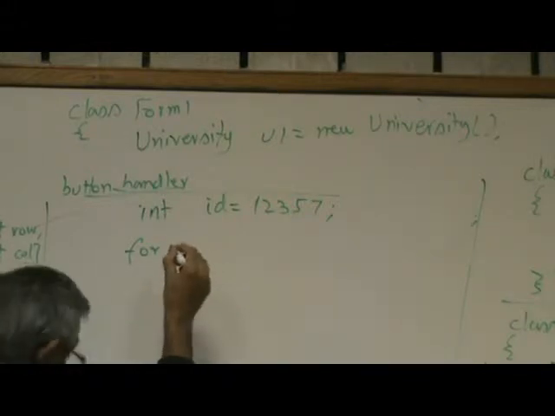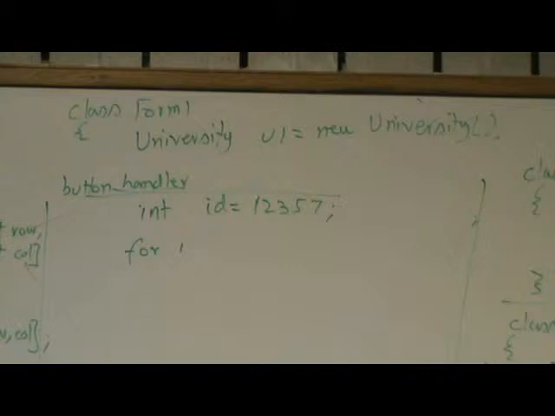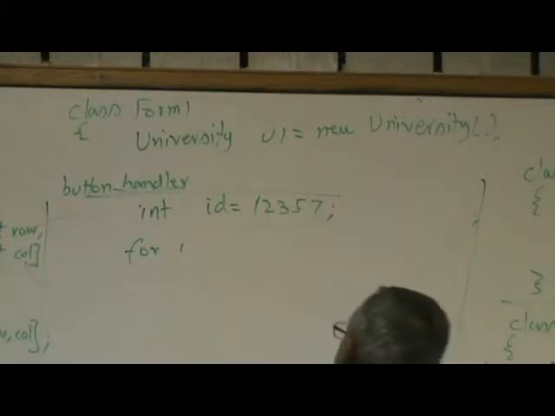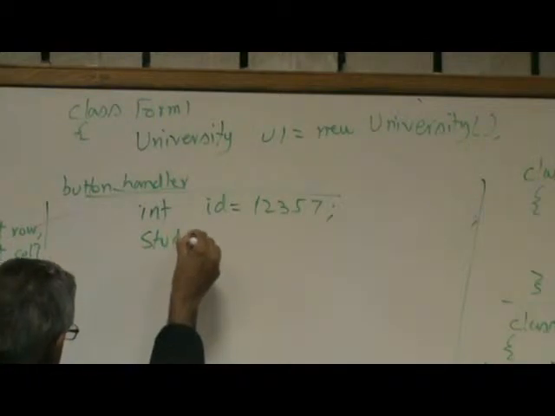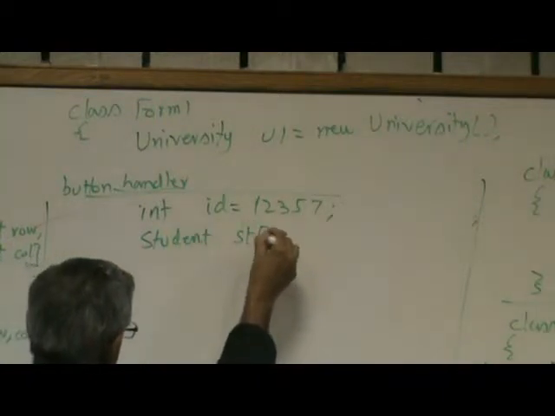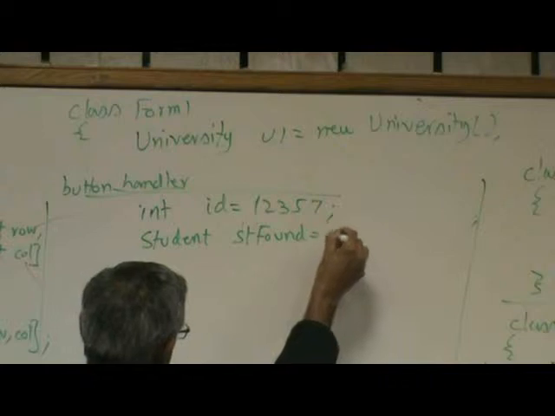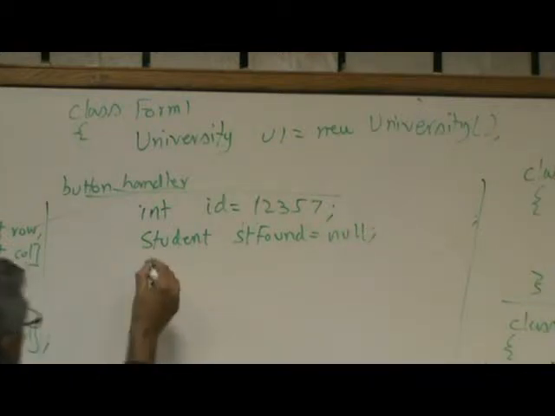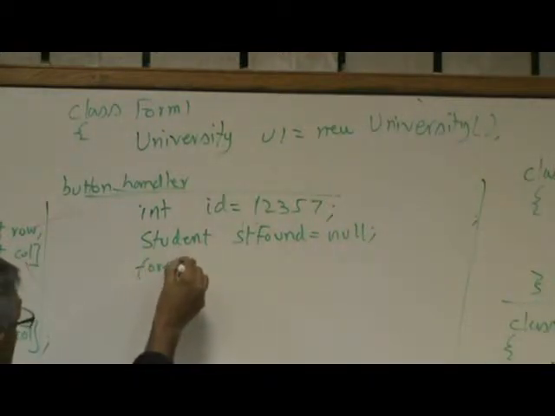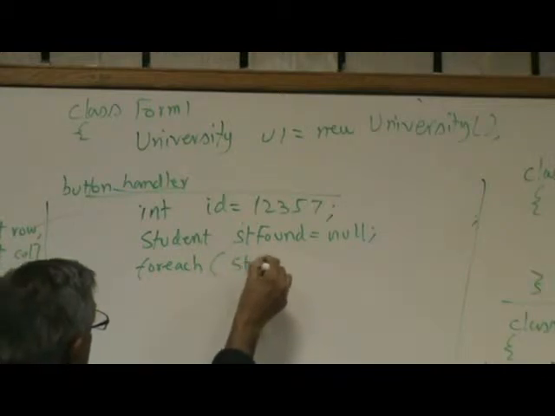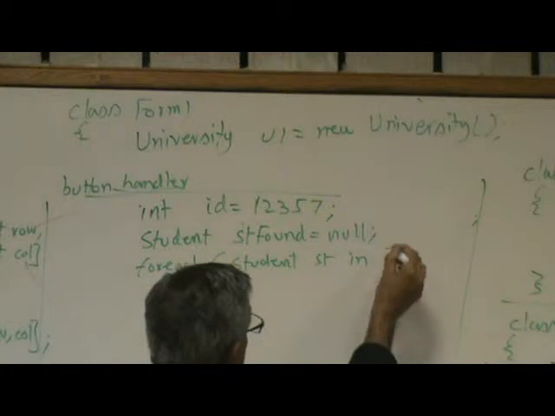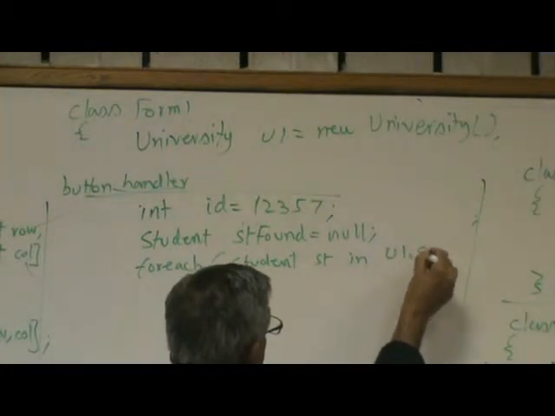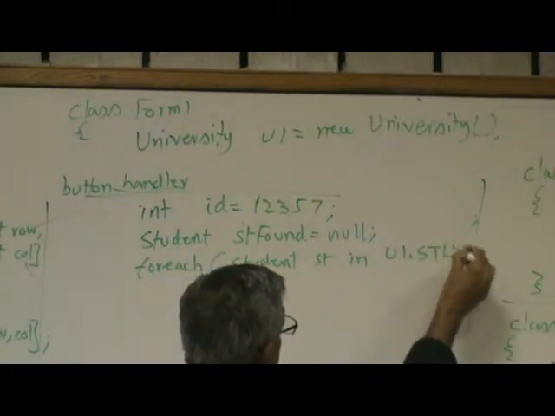Suppose this is the student we wanted to search for. There's a couple of ways of doing it. One possibility is, we say Student stFound equal to null, and then foreach Student st in u1.stList.